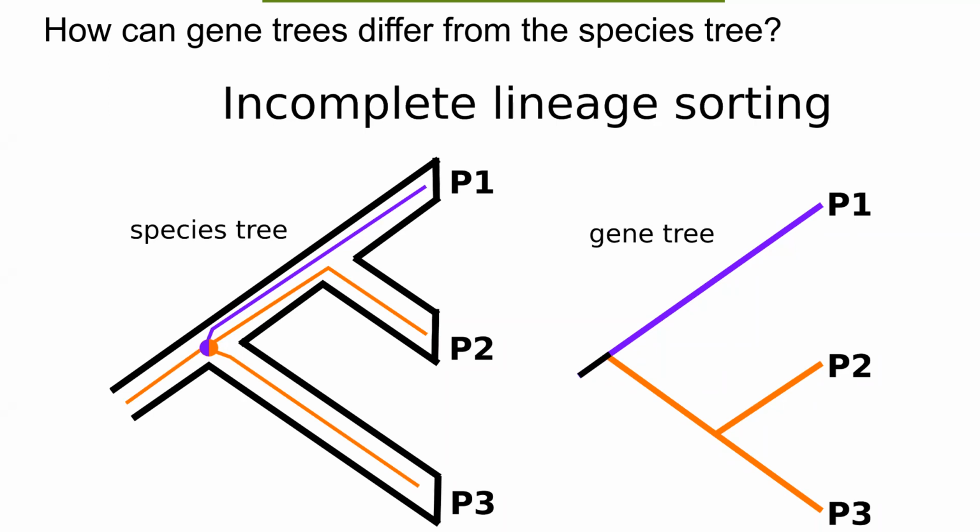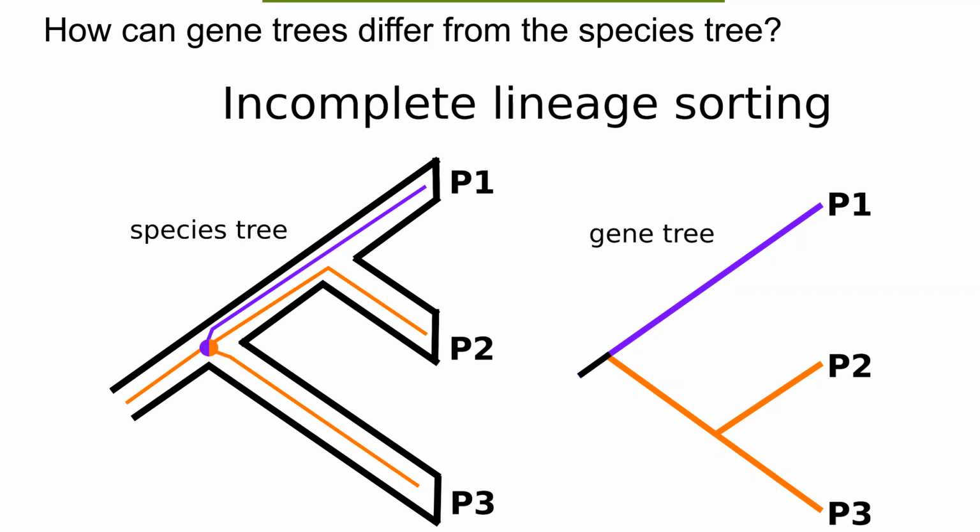So after this speciation event that gave rise to P1 and P2 on one branch, and the branch that leads to P3, P3 retains the orange copy just by chance, maybe because there was a fairly small population. That's the only one that happened to move into that following speciation. The purple and orange are both retained all the way along, leading up to the point where P1 and P2 split apart from each other.